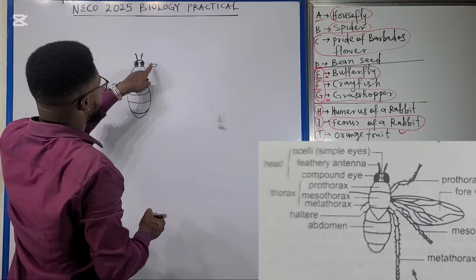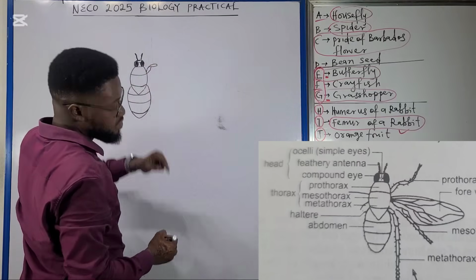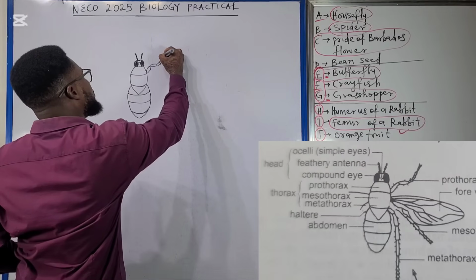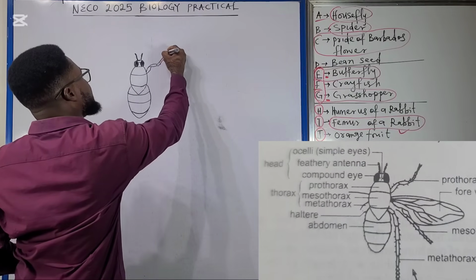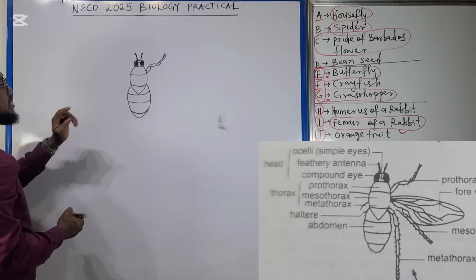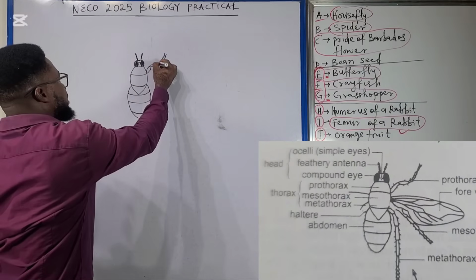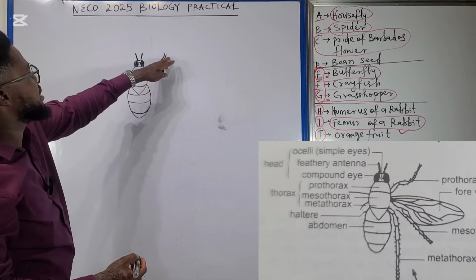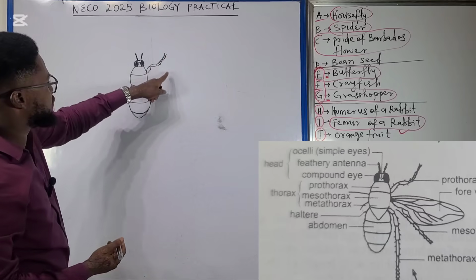You see? Jointed appendages. And then from here, all through till it ends in the claw. So you can see the first pair of legs is going to look something like this till it ends in the claw. That is for the first part.